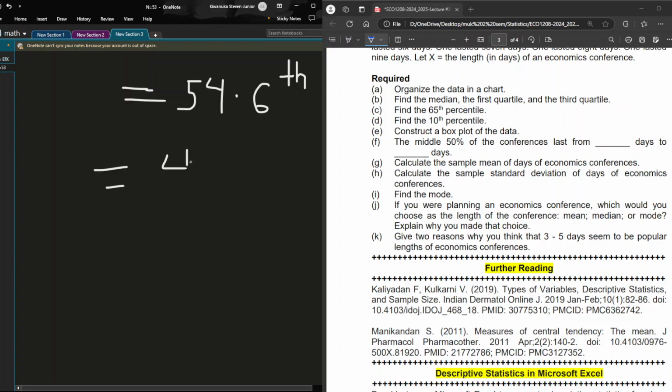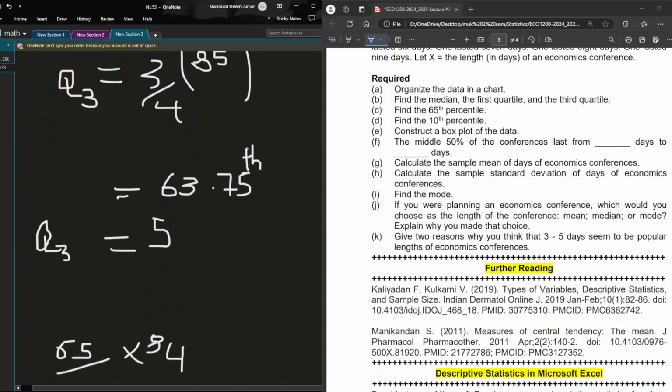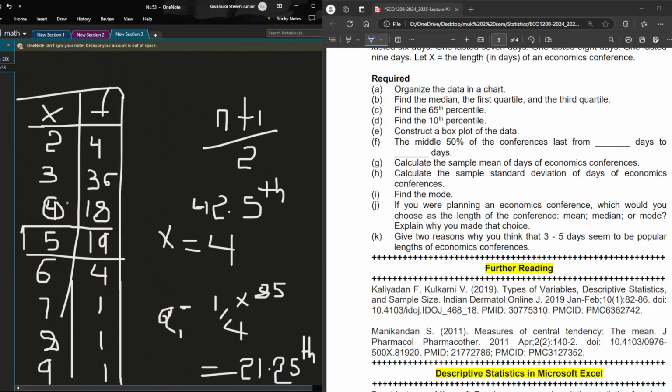We are looking for the x values, which are in number of days. The 54th conference was already above the 36th conference, but below this 58. That's why the x value is 4.